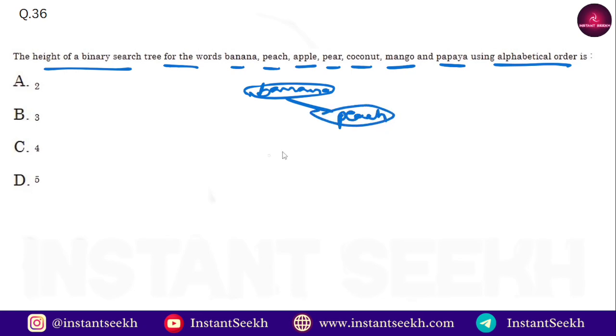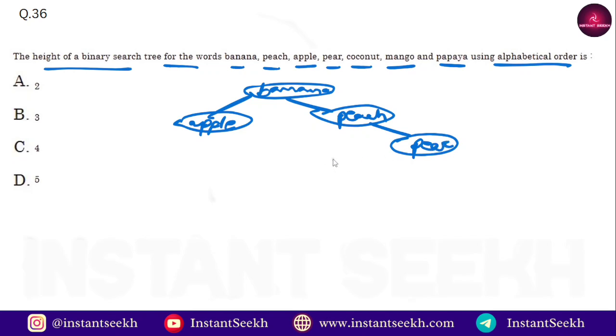Next insert apple. Since A comes before B, apple will go this side. Now we have pear. So insert pear at this side, the peach side. So pear goes here.